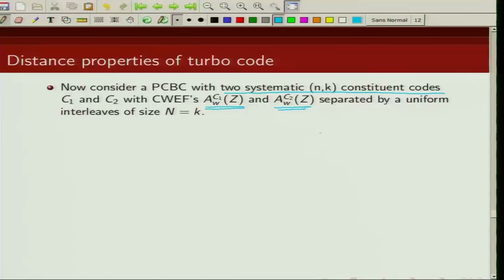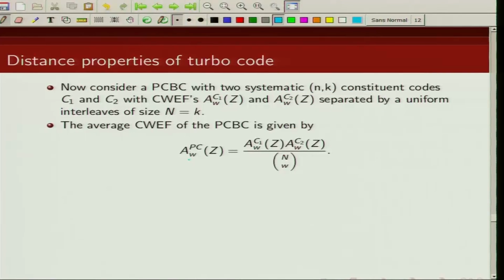Again, recall our encoder is something like this. We have a systematic encoder, and then the information bits are interleaved and fed to the second encoder. This is the output. So the conditional weight enumerating function of the parallel concatenated code can be given by this.